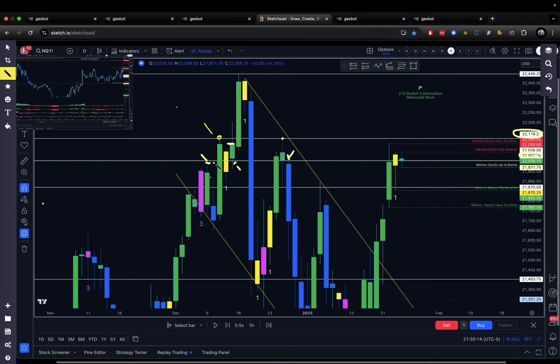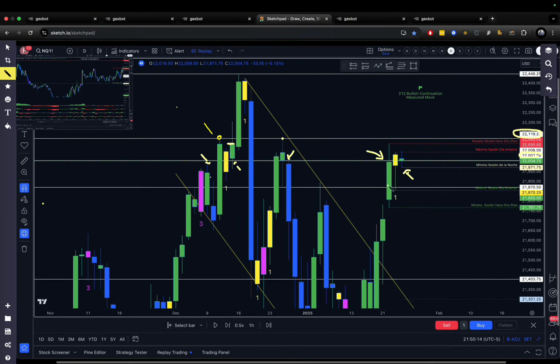So resistance became support, became resistance, and here it was resistance as well, because the price tried to break it and quickly came back. This was on Wednesday. Well, this is Friday before the market opens, so it was around 22,004, before the market opens.